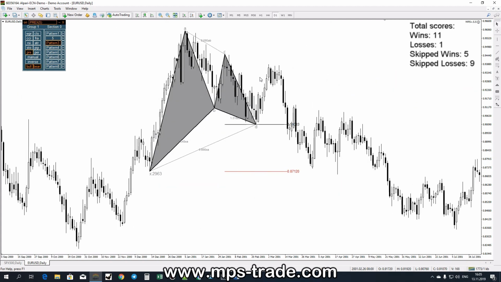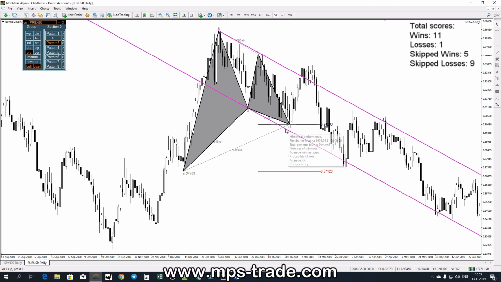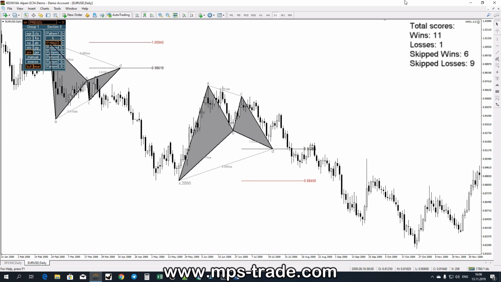Okay, bull patterns were examined already. Now let us see this one. So what do we have here? Is this situation? Probably it should be this. No, it didn't hit the pattern completion. It didn't go there. Okay, so this was not a trade that should be recorded as a winner. Another situation is here, this one, and we can probably draw it this way.